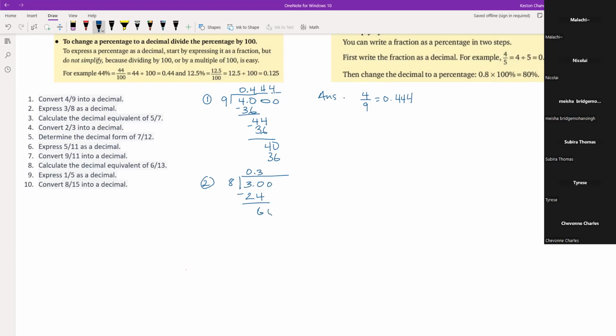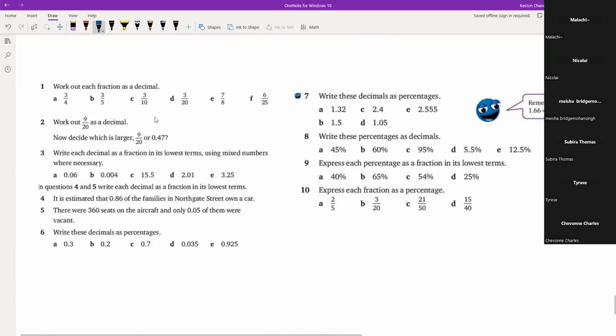Add another 0, bring down the 0. 8 into 60, that's going to give me 7. 7 8s are 56. 4. Add another 0, bring it down. 8 into 40 is 5. 0. So our answer, 3/8 is equal to 0.375.